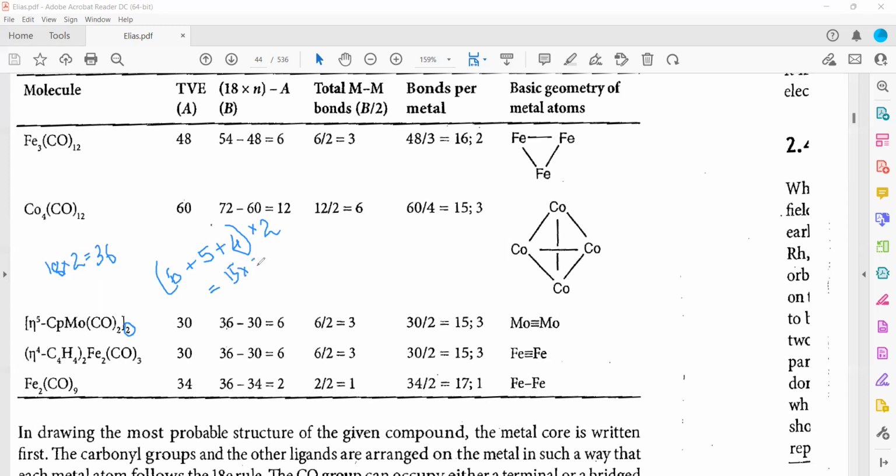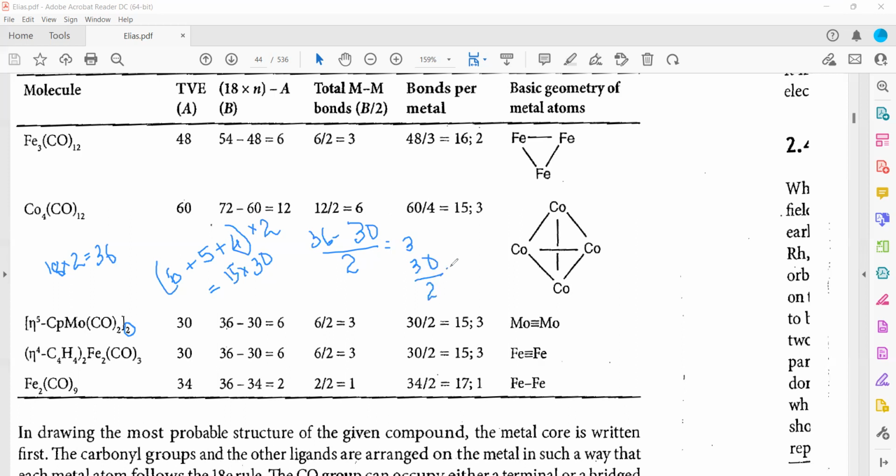So you got 36, and if you subtract 30 from it, the valence electron count, and then divide it by 2, that will give you the total number of metal bonds, which comes to 3. And how many bonds per metal? It is 30 divided by 2, that is 15.